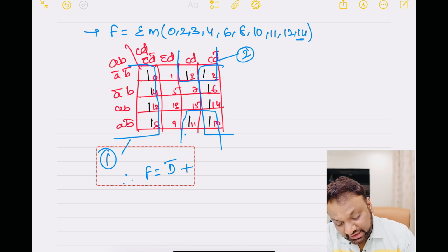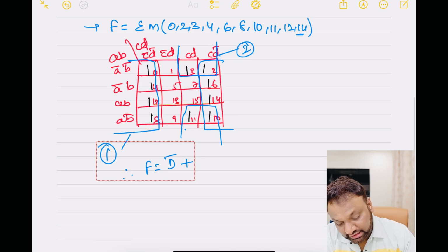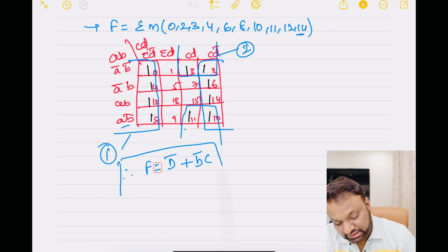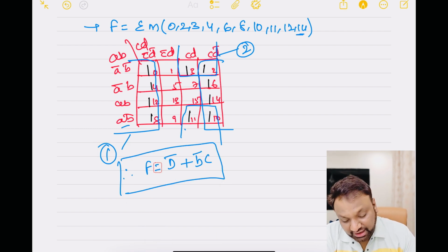A and B are varying, so here CD and CD bar, this is AB bar and A bar B bar. So B bar is common, and here C is common. Therefore F equals D bar plus B bar C is the answer.